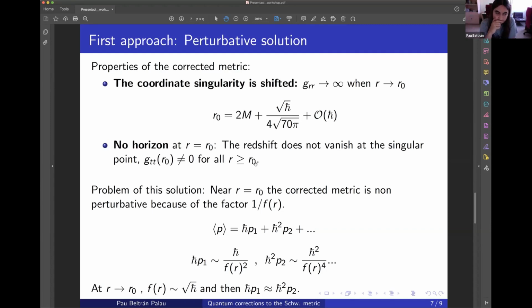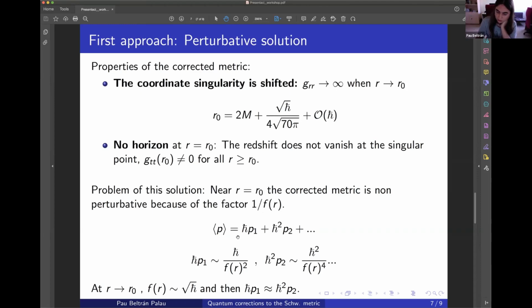Okay. So the problem with solving the system of equations in this perturbative way is the following: near this singular point, the corrected metric is non-perturbative, because of this factor I mentioned before, 1 over f. One can see that with an example.